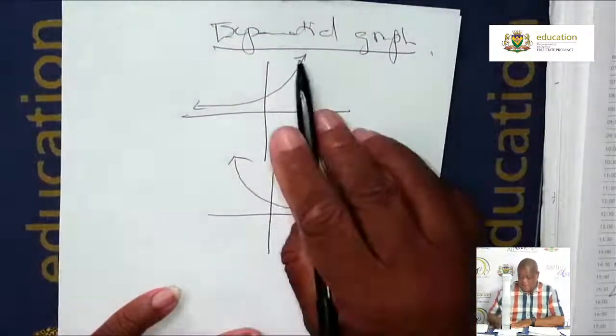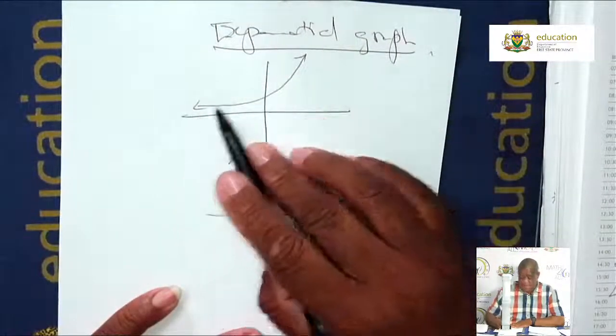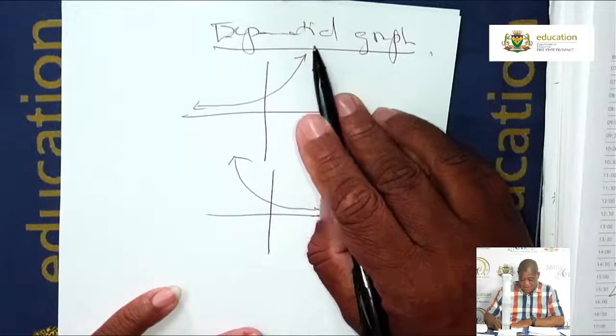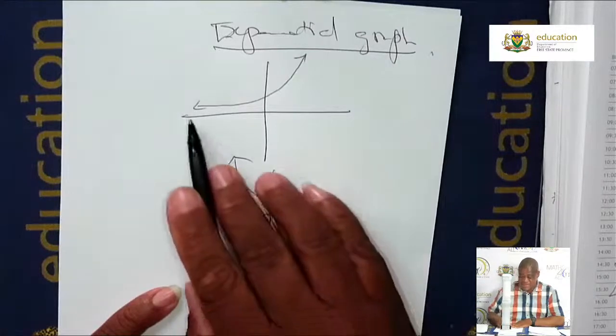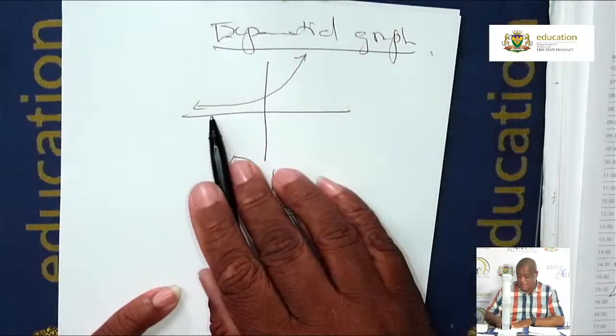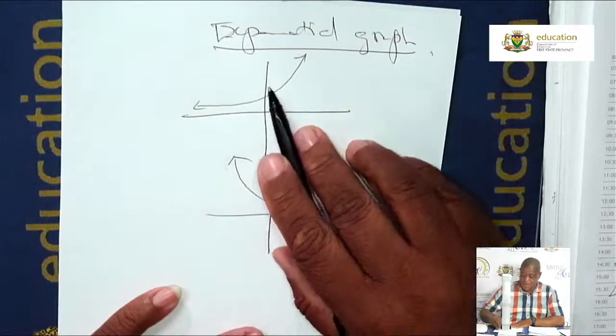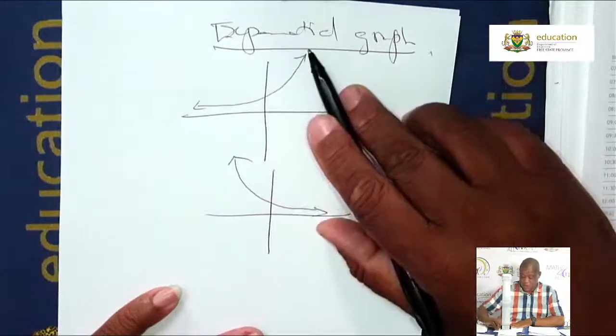If you look at this exponential graph, we say this one is an increasing function, whilst we look at this one as a decreasing function. It's an increasing function because as the values of x increase, the y values of the graph also increase.